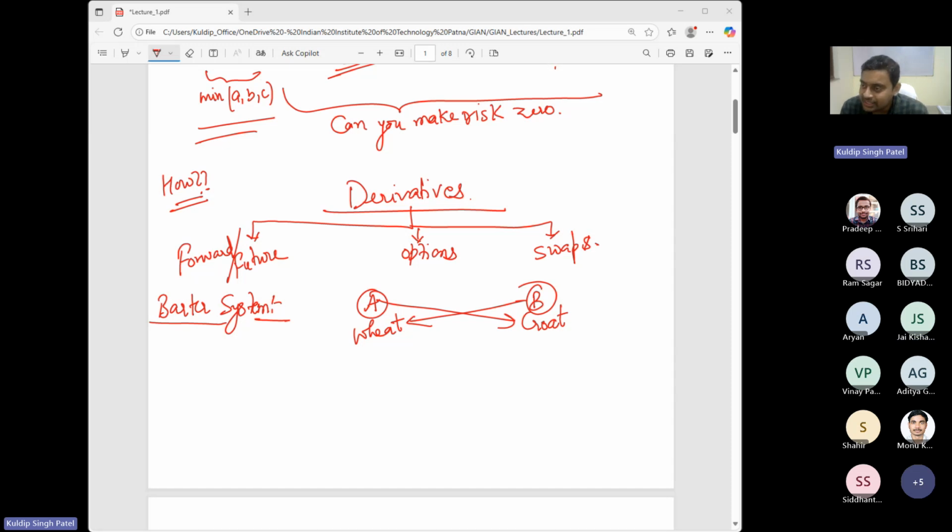You respond equal value of goods. Yes, Aditya has replied wonderfully: A is having wheat, but A is claiming that my wheat has more value than B, your goat. But B is saying no, it is not. My goat is having more value than yours.